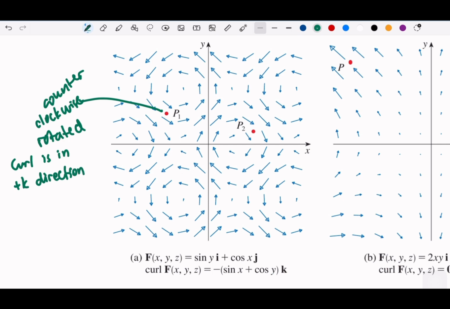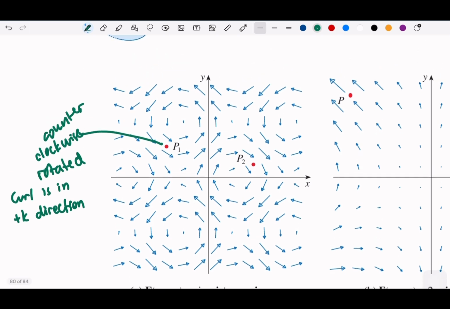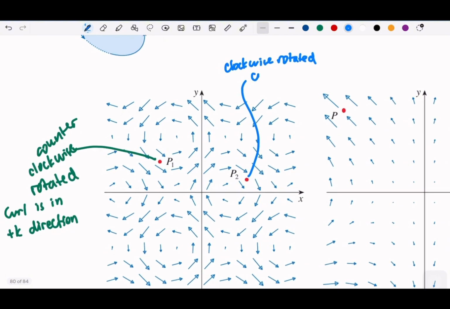Okay, for P1. For P2, the point is rotating clockwise. So using the right-hand rule, it's going inside, which means that the curl is in the negative k direction.